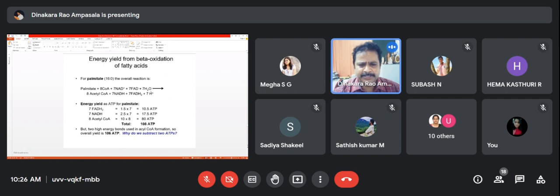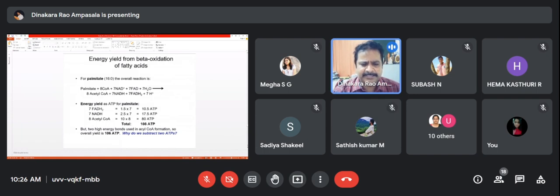If you calculate how much energy you will get out of this, 1 FADH2 molecule is equivalent to 1.5 ATP molecules. For the ATP yield from NADH and FADH2, 1 NADH is equivalent to 2.5 ATP molecules.